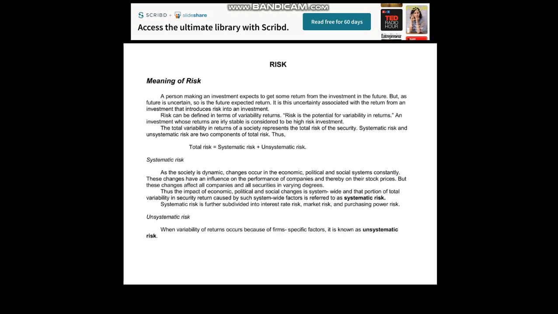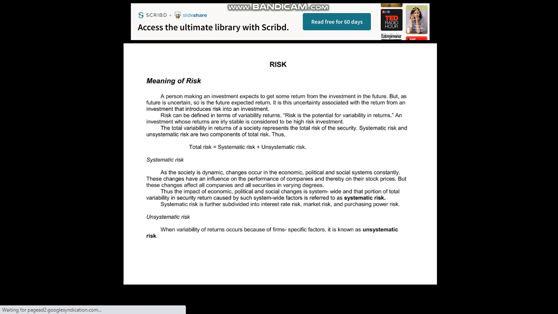Thus, the impact of economic, political, and social changes is system wide, and that portion of total variability in security return caused by such system wide factors is referred to as systematic risk. Systematic risk is further subdivided into interest rate risk, market risk, and purchasing power risk.